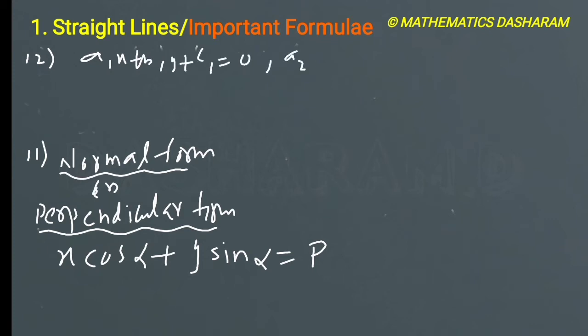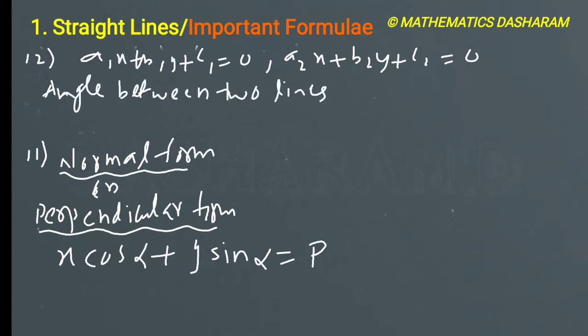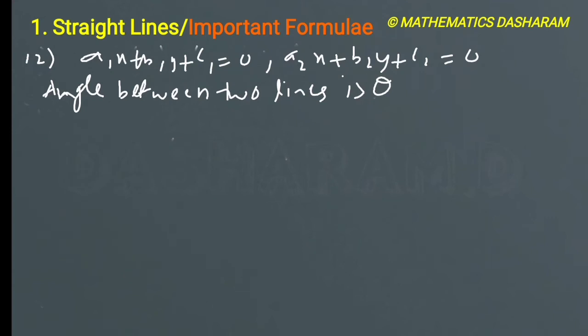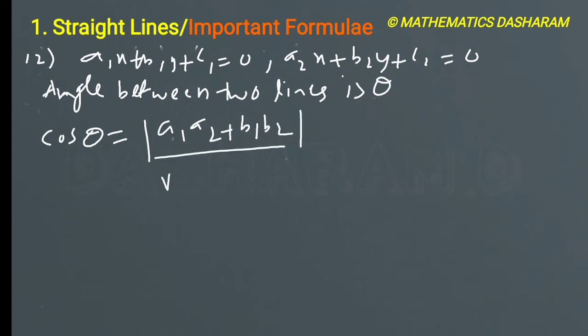Next, the 12th one: let two lines be a1x plus b1y plus c1 equals 0, and the second line a2x plus b2y plus c2 equals 0. The angle between these two lines is denoted with theta. To find the theta value we have two formulas. One is cos theta equals mod of a1 a2 plus b1 b2 divided by under root a1 square plus b1 square into under root a2 square plus b2 square.